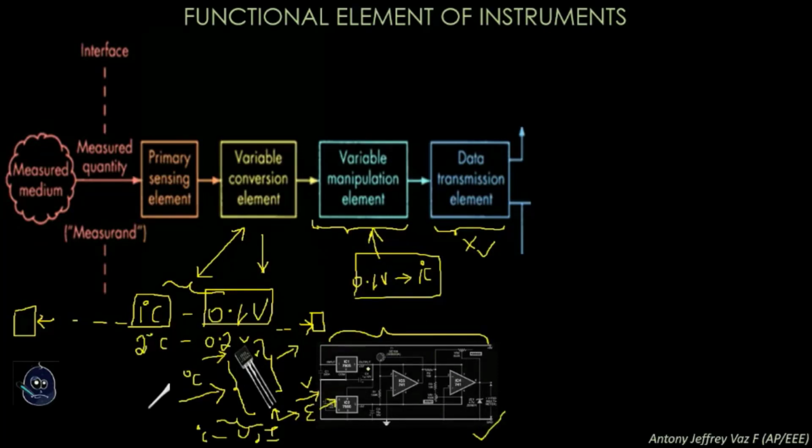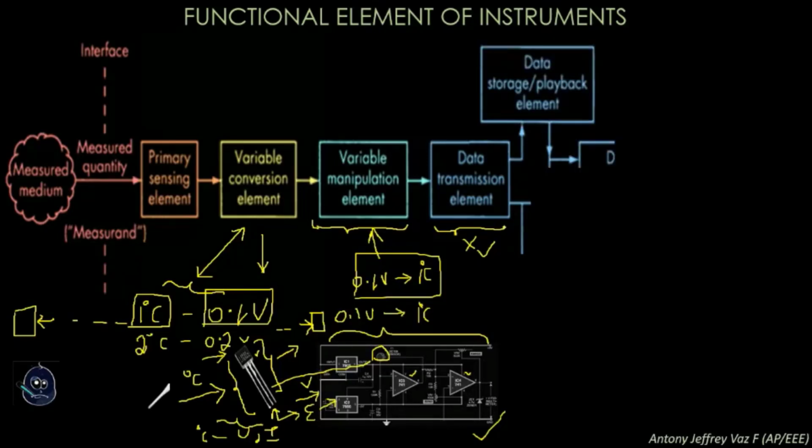This electrical circuit is going to convert the 0.1 volts into the required centigrade with the help of the amplifiers, that is the operational amplifiers present here. And this is the sensor, this one. Next, we will be moving to the data storage and playback element.